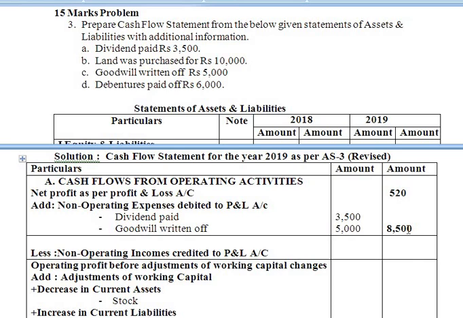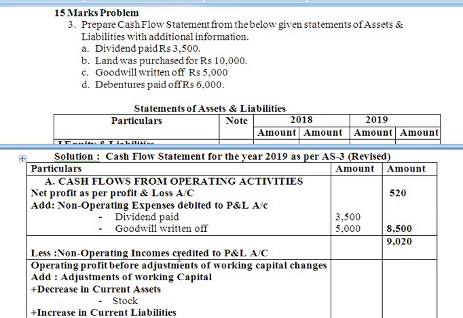Okay, from this 9,020 rupees, we have to deduct what?